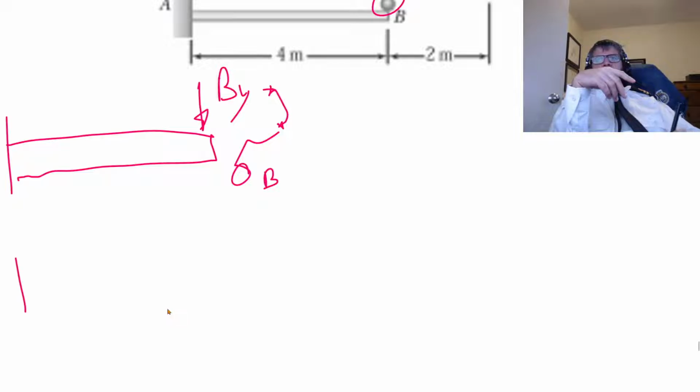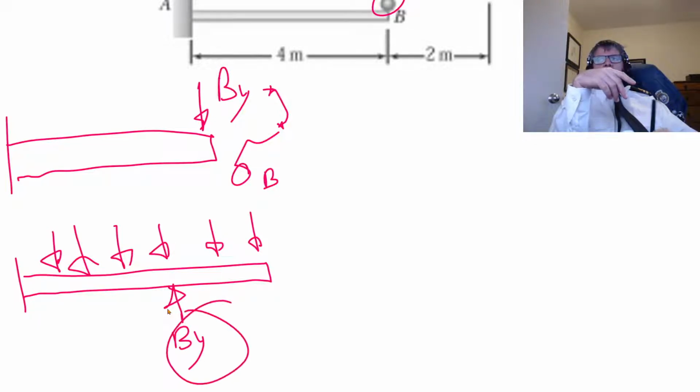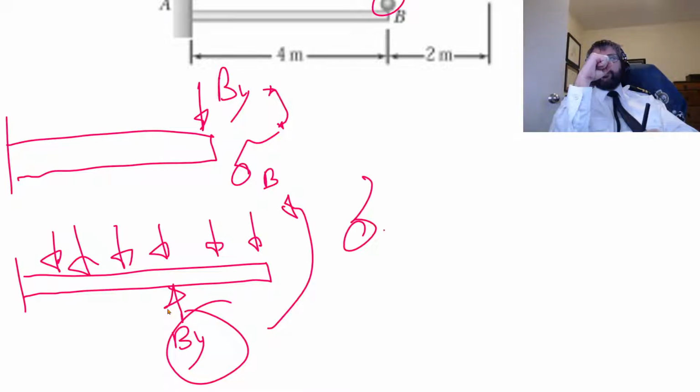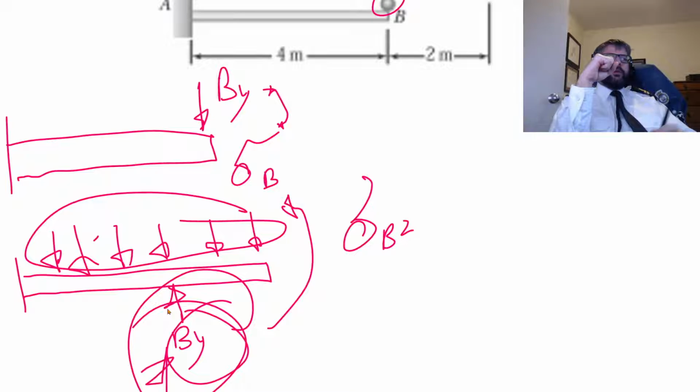And then for AY, we've got the distributed load, and then we've got BY. So again, our BY there is still proportional to that displacement B, where our displacement B needs to be equal to the sum of the displacement caused by the distributed load plus the displacement caused by BY pushing back up.